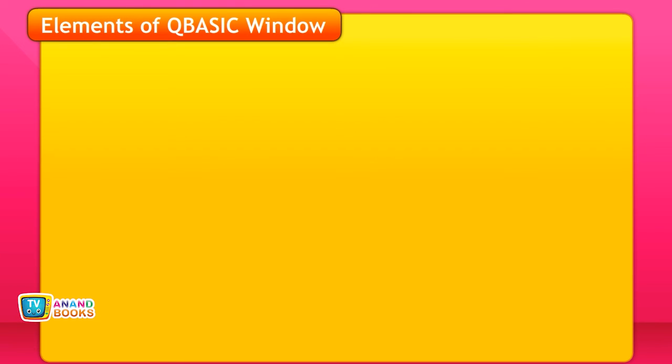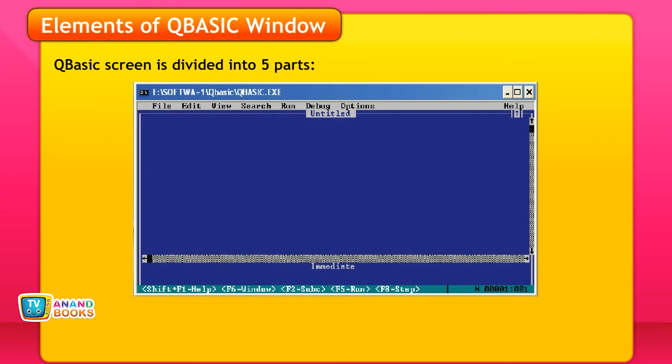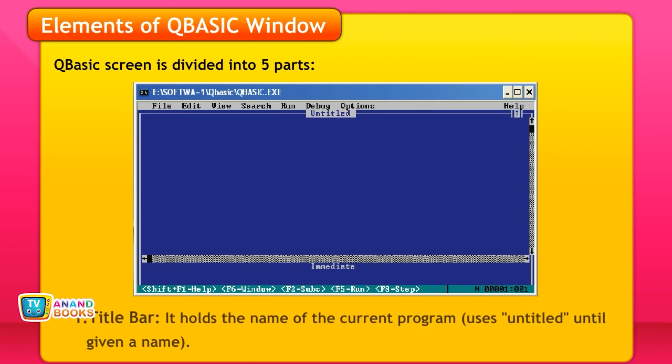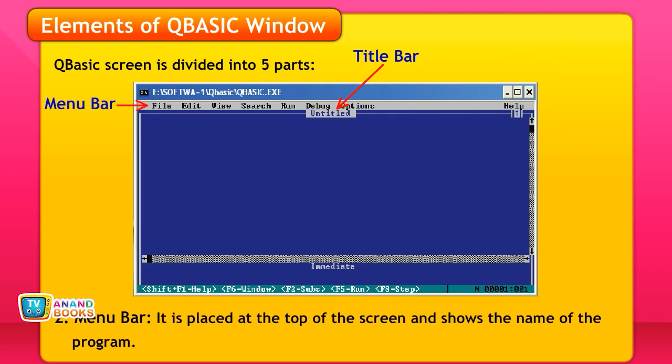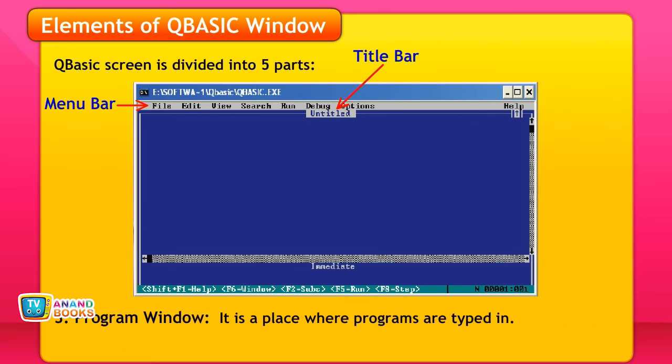Elements of QBasic window. The QBasic screen is divided into 5 parts. 1. Title bar. It holds the name of the current program, using Untitled until given a name. 2. Menu bar. It is placed at the top of the screen and shows the menu names. 3. Program window.